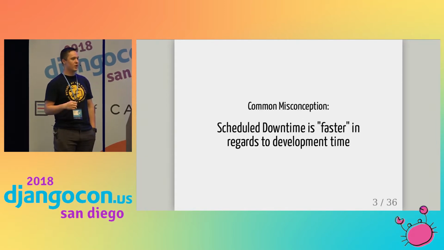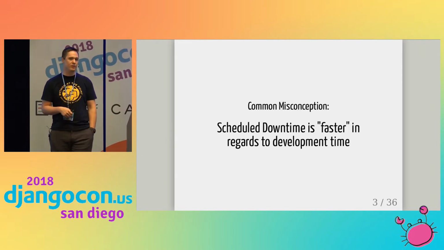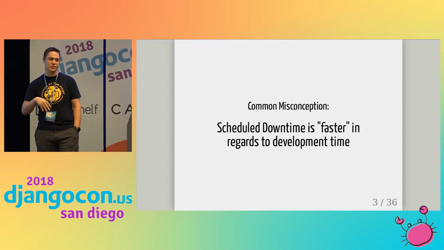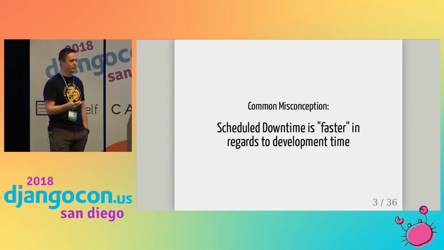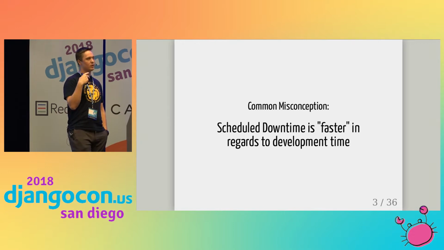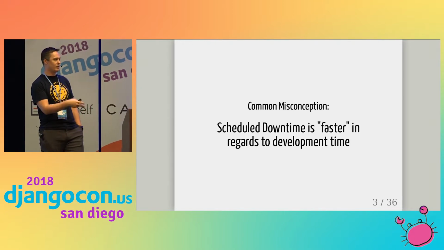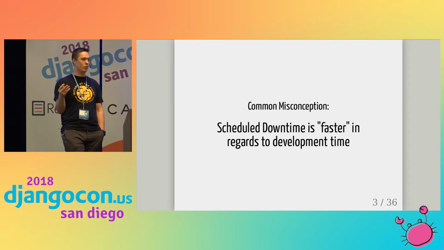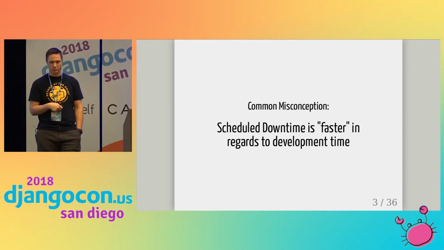I think there's also another reason why we have downtime, specifically maintenance windows. I think we teach ourselves that scheduling downtime is faster from a development point of view. We get into this habit because you think about what would I have to do to not have downtime while I deploy, and you usually come up with maybe a 2 or 3 or 4 week process.